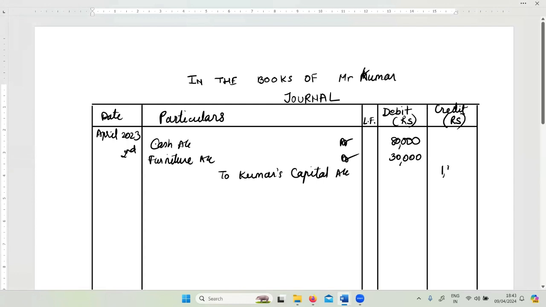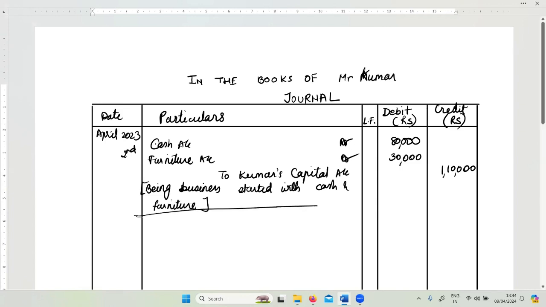This is 1,10,000. Being business started with cash and furniture. Closing this first transaction, it's done.